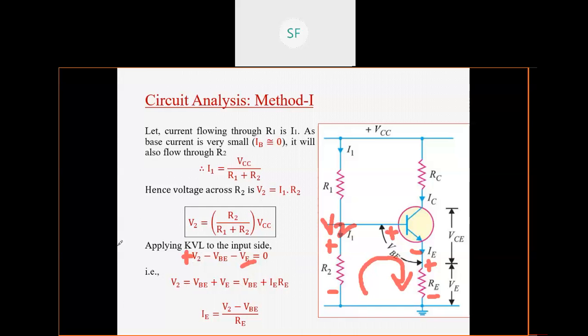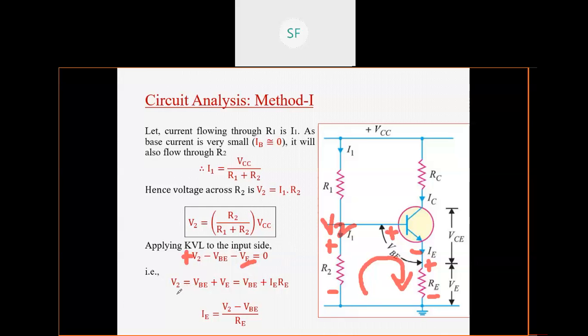So the next step is, this is our equation. We have got this particular expression V2 minus VB minus VE. I am arranging this equation in terms of V2. I have just taken all other parameters to the right hand side. When VB is sent to this side it becomes positive, and when VE is sent this side it becomes positive.